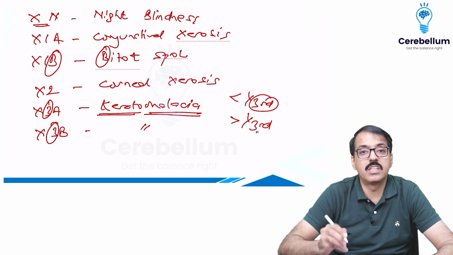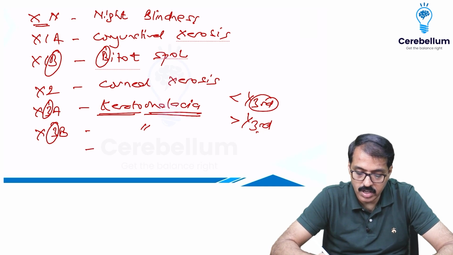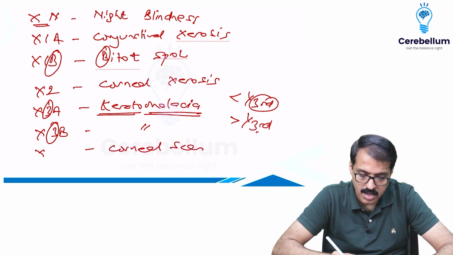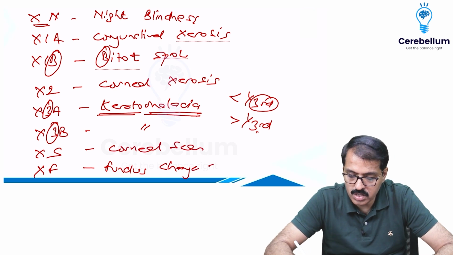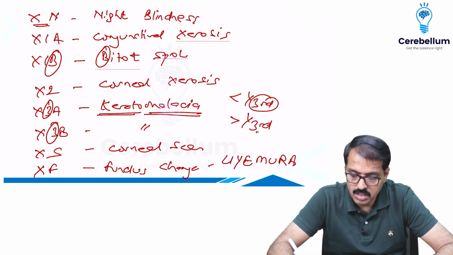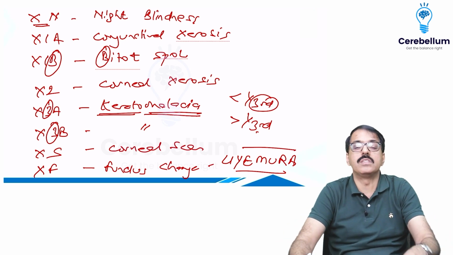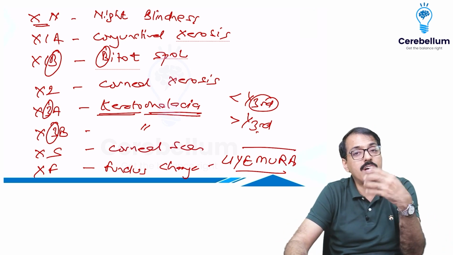Okay, once the cornea has melted, then it will lead to a corneal scar. XS is the corneal scar, and finally we have XF, which is fundus changes, which are Uyemura spots. These are retinal pigment epithelial changes, because pigment epithelium also has pigment.